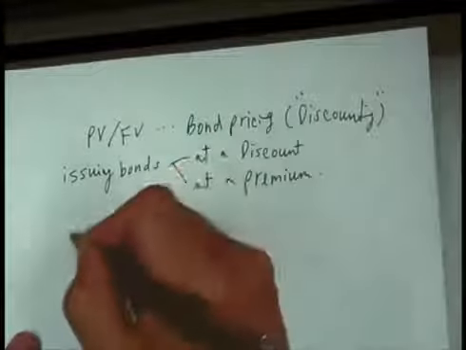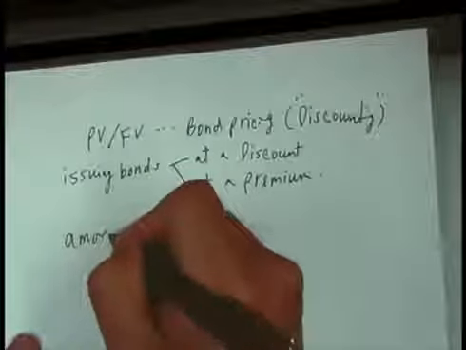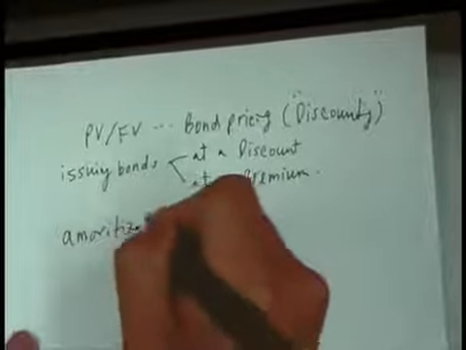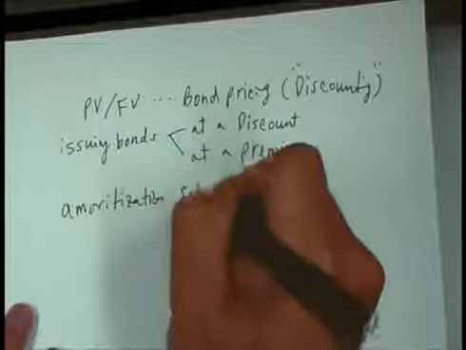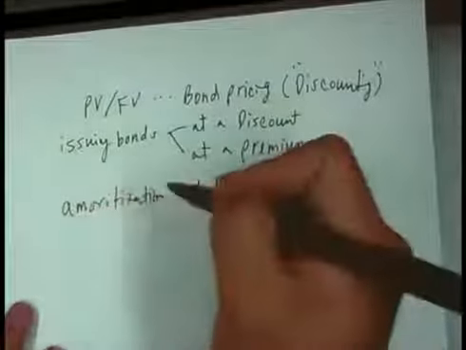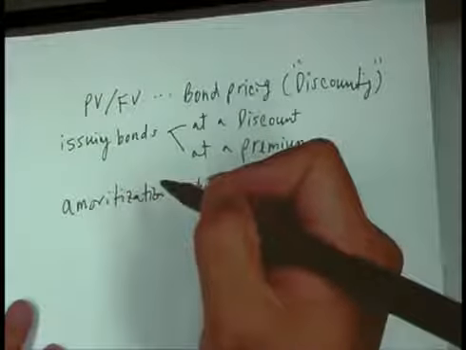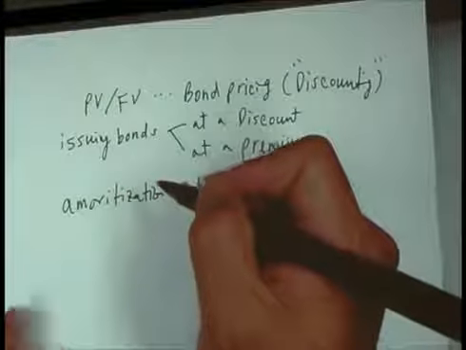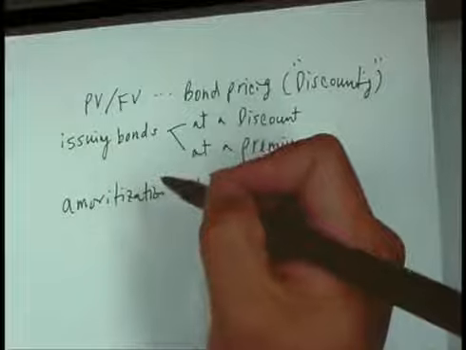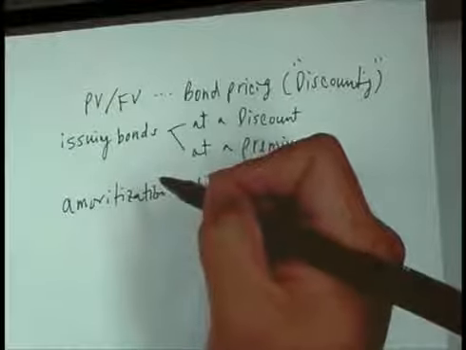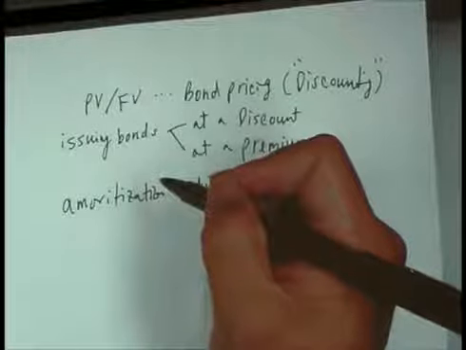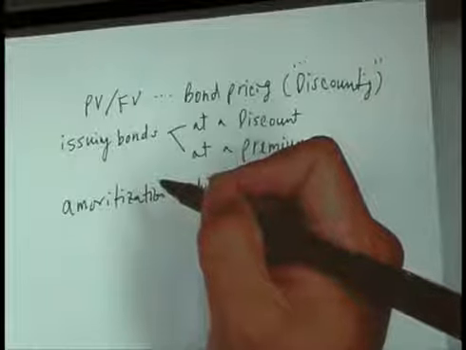By doing that, I'm going to create an amortization schedule. What does that mean, amortization? The word amortization also has to be defined here. It's a little bit different from the words depreciation, depletion, and amortization that we learned in chapter 10.